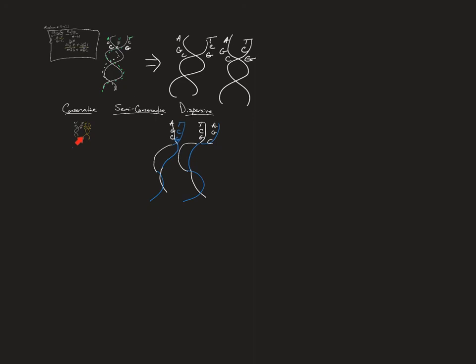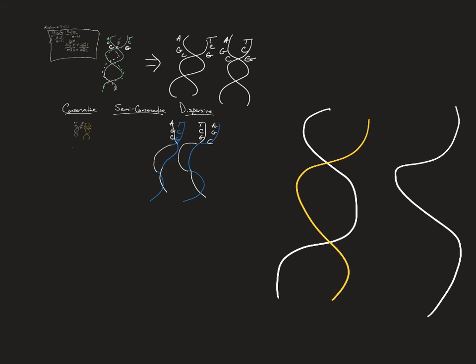Where these DNA strands stick together and these two, the new ones, are together. And then you have semi-conservative, where you take an old strand and you make a new one. And then you take one of the old strands over here and you make a new one. So you've got one old strand and one new strand.